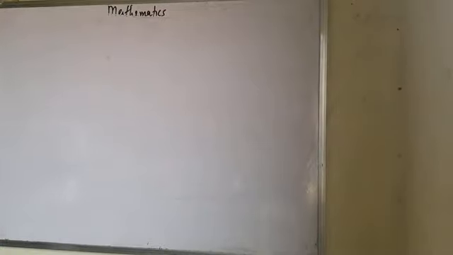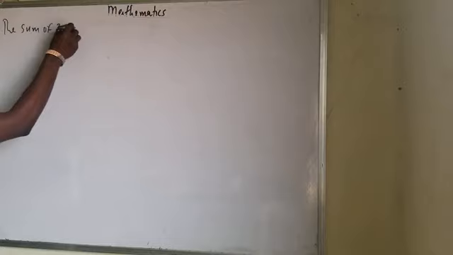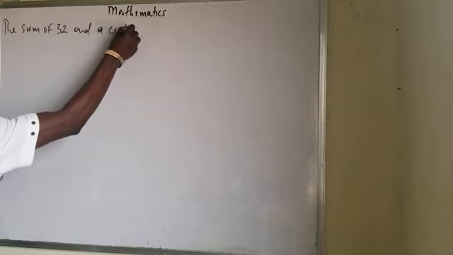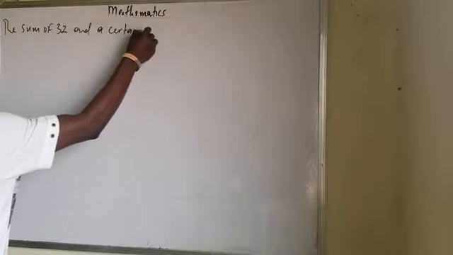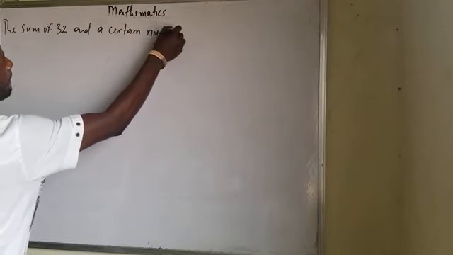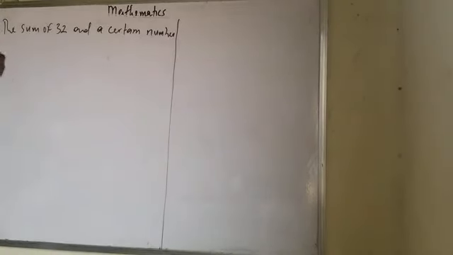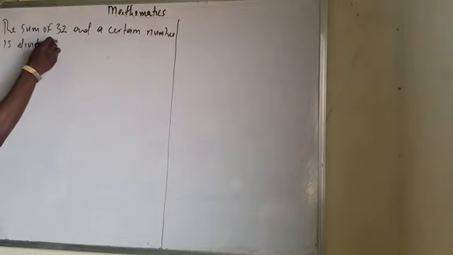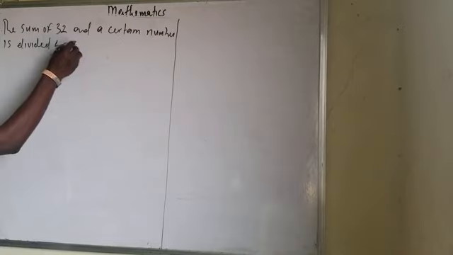Now, let me quickly move on to the next one. The sum of 32 and a certain number is divided by 4.